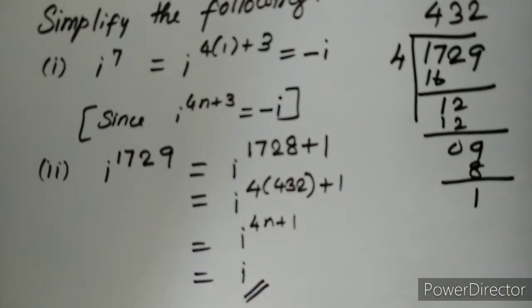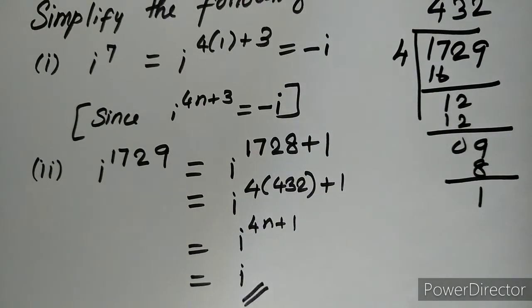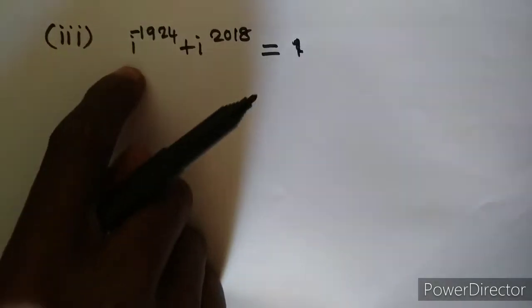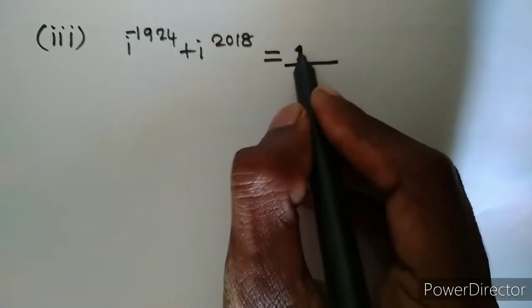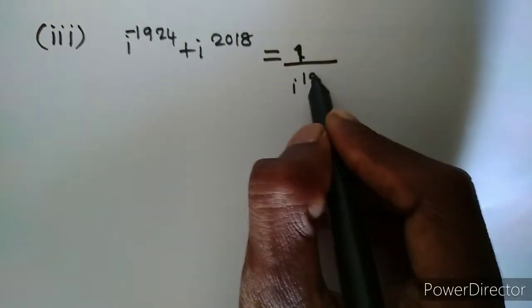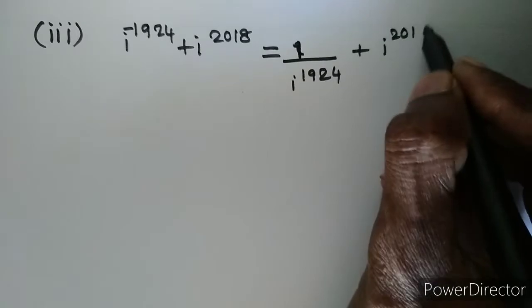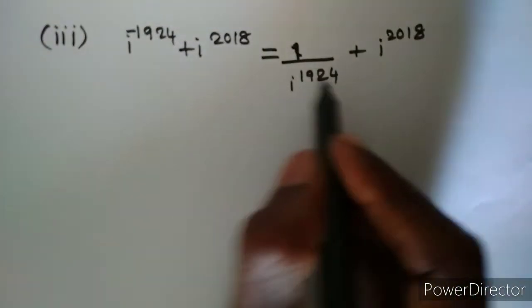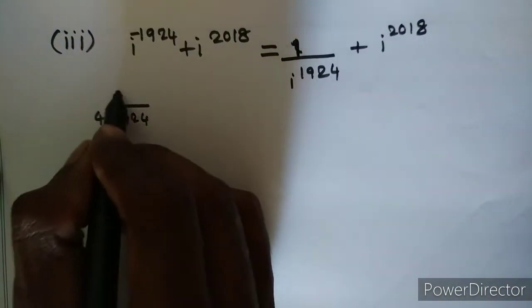Take the next subdivision. Subdivision number 3. The sum of two terms. First term i power minus 1924, second term plus i power 2018. The first term has a negative power. Therefore, take the reciprocal, 1 by i power 1924. You want to verify whether 1924 is divisible by 4 or not.